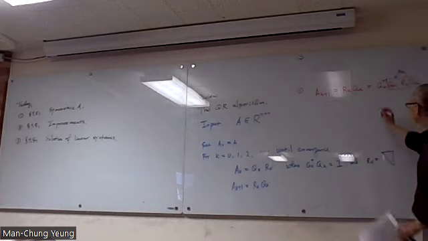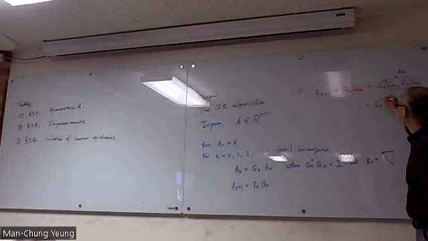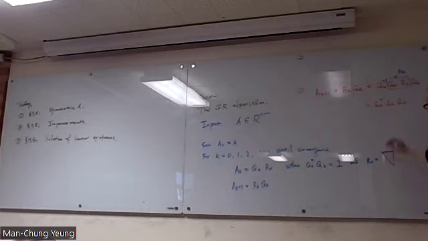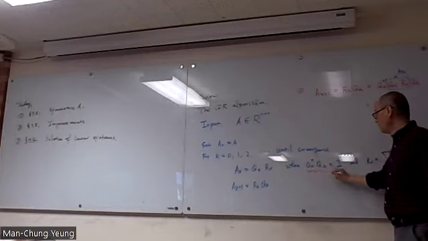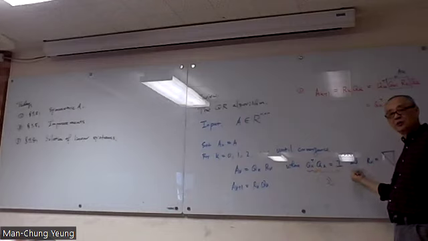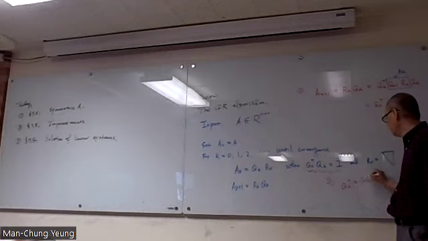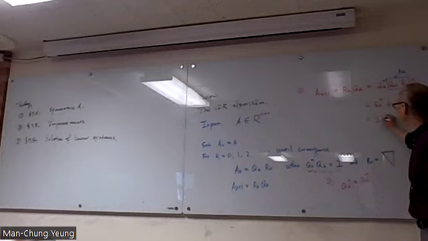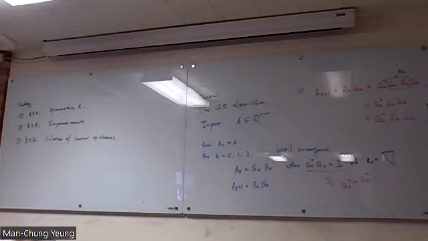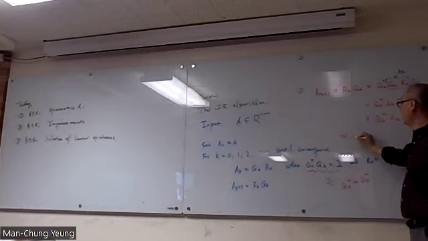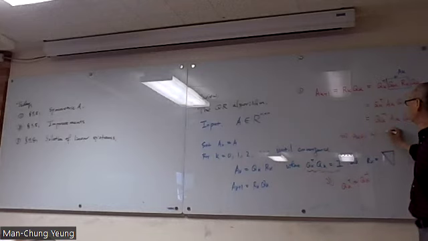So this is Qk transpose Ak Qk. If I move Qk to the right side, Qk transpose is equal to Qk inverse. So this is Qk inverse Ak Qk.